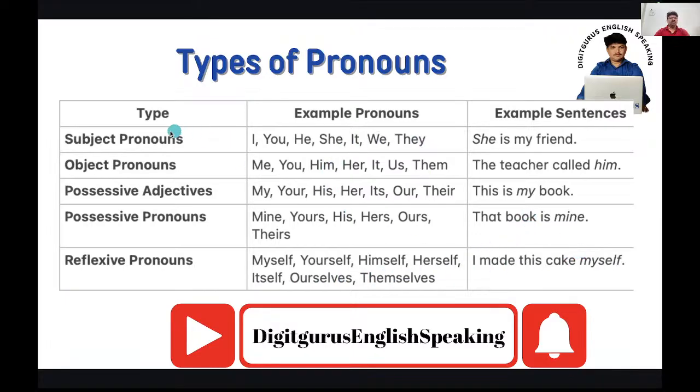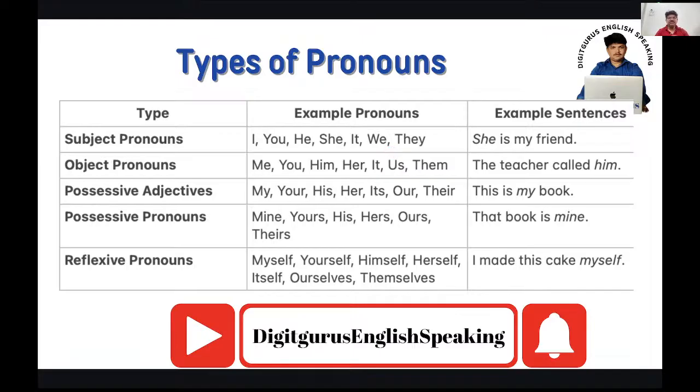Now, subjective pronouns, let us repeat it once again. Don't think that this is a very easy one. The slide is in front of you, so you can say that this is easy.